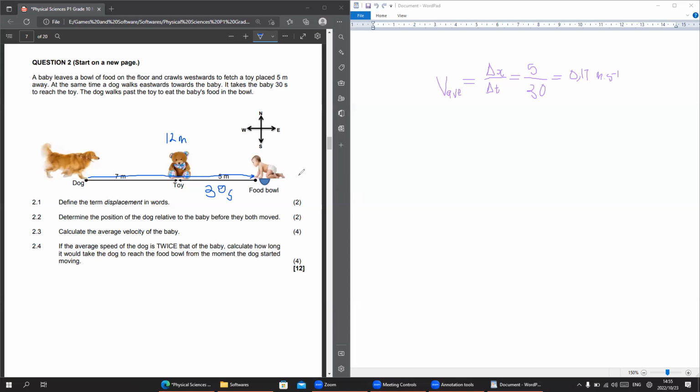So you can say to the west or westward, whichever you prefer. So I'm just gonna write west. But instead of saying west, you can also say to the right or to the left, you know. Is that still fine?